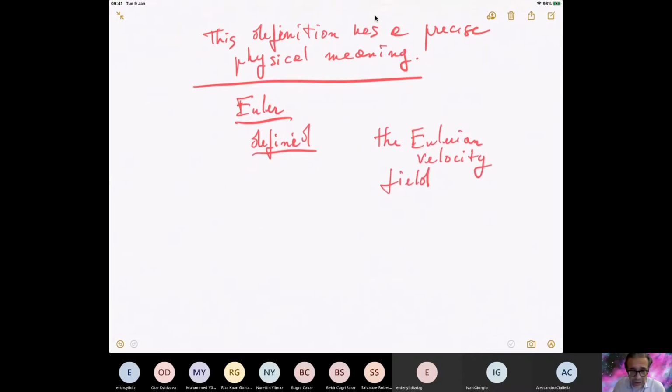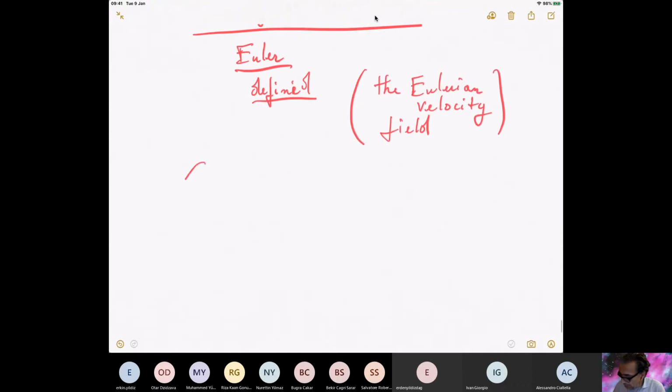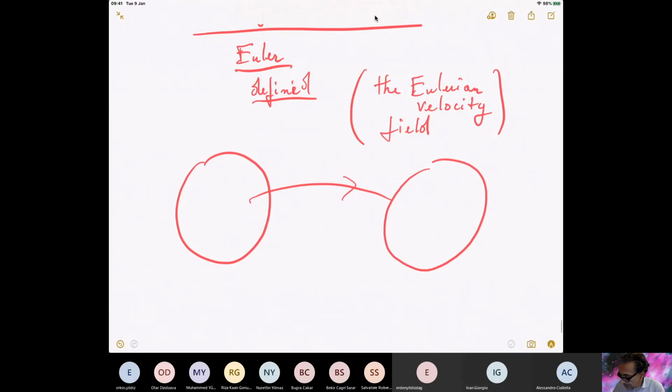By the way, we have already done this for rigid body motion, but let us define it in a more general setting. How? I consider the placement. I calculate for X the velocity of X.